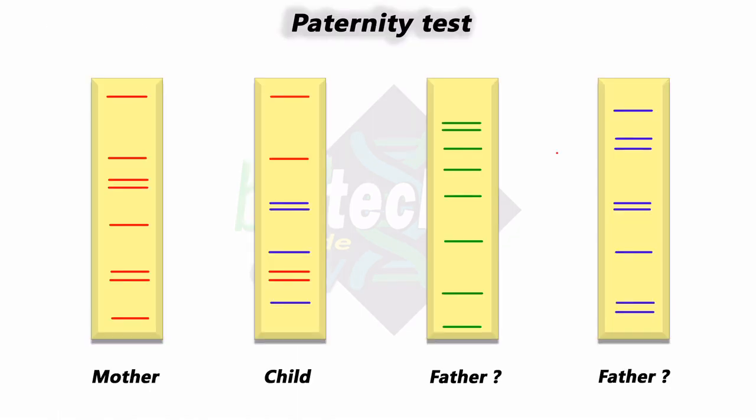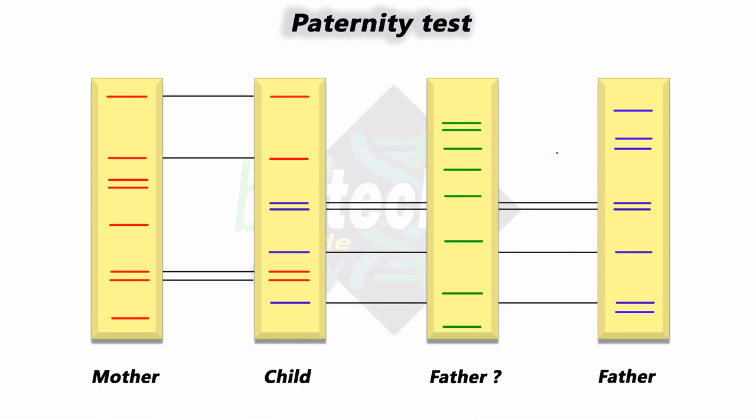Just to make you understand, I have shown a very simple band pattern in this figure. You can see the child is sharing one set of bands from the mother, whereas the other set would come from the father. Here in this case there are two individuals with whom the matching was done. So it is clear that the second person is the biological father of the child.